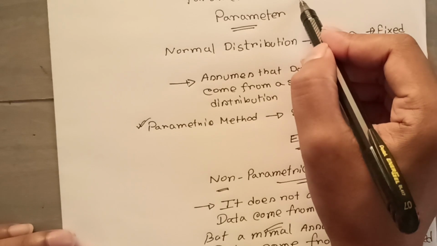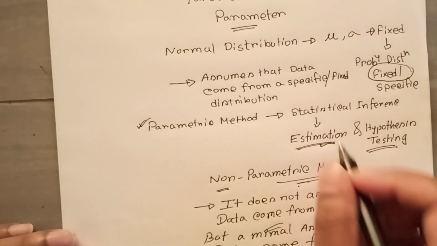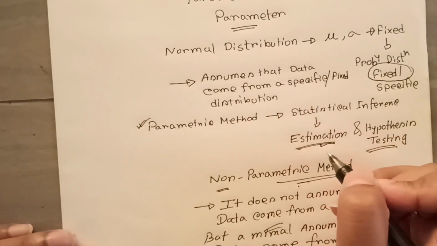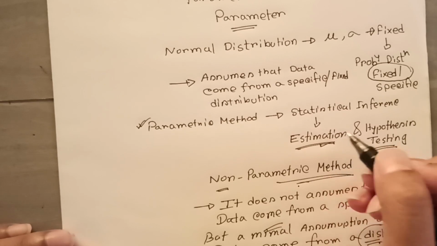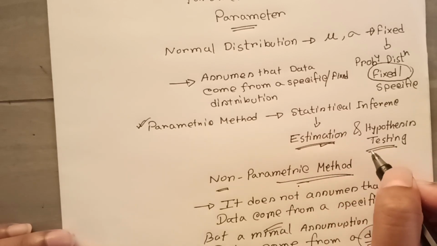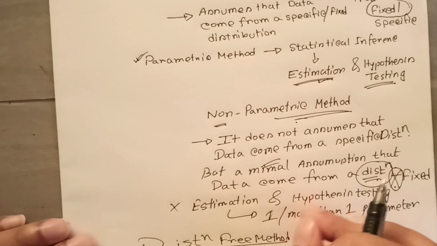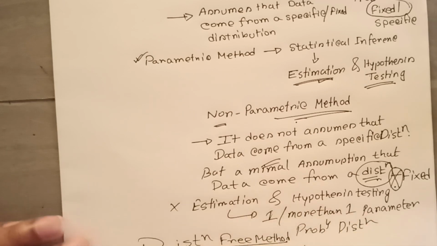And what is the difference between the parametric method and the non-parametric method? The parametric method considers the estimation and hypothesis testing of one or more than one parameter of a probability distribution. But the non-parametric method does not consider the estimation and hypothesis testing of parameters of a probability distribution.